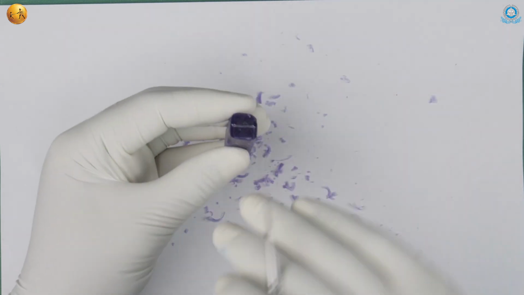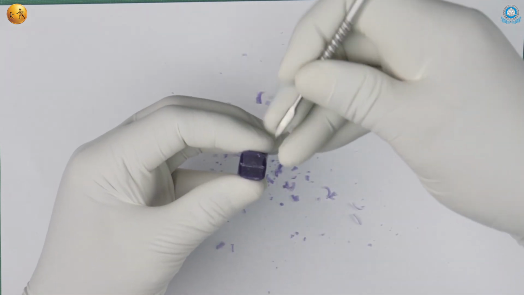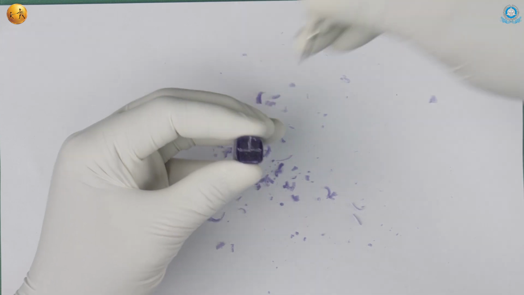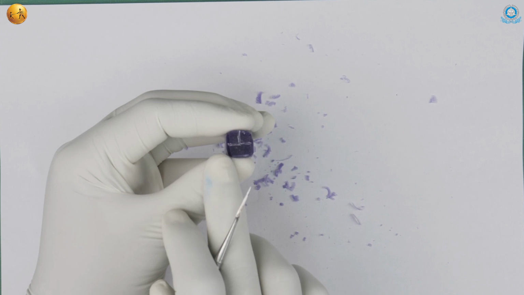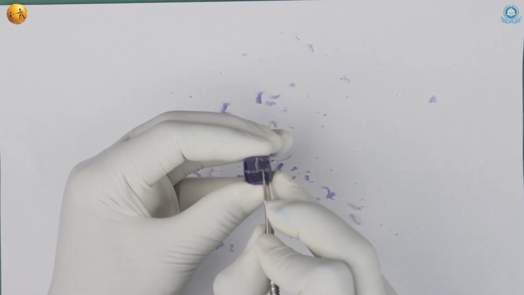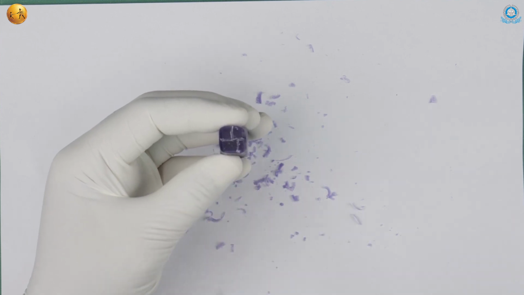So this will be buccal, this will be palatal. As I told you before, it will be divided into exactly two halves. So I will draw a line here like this. So it is divided into two halves, distopalatal and mesiopalatal. The mesiopalatal is bigger. So I'll keep it like this. This is distopalatal, this is mesiopalatal.